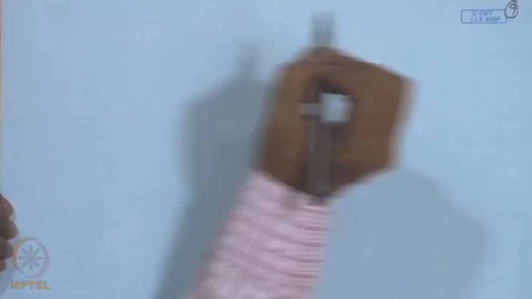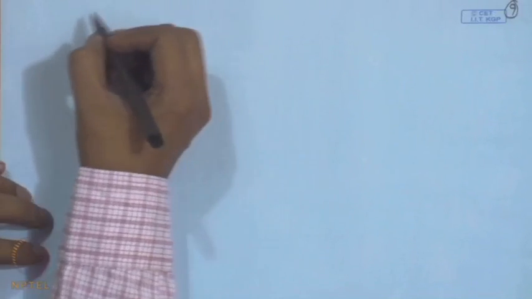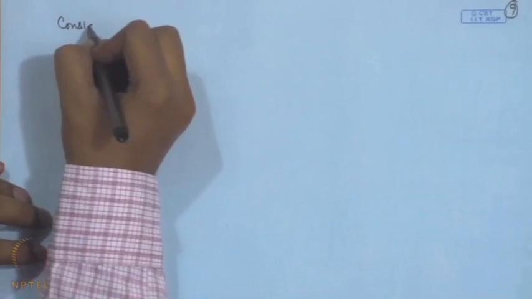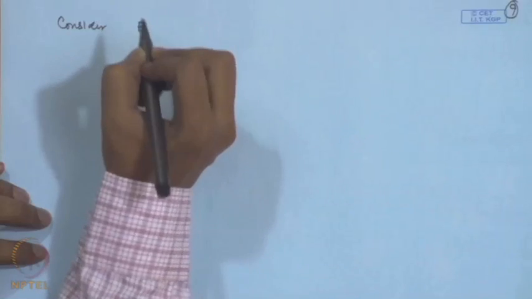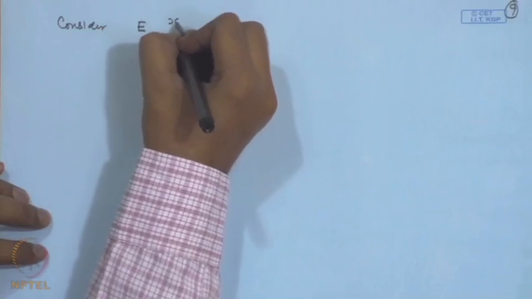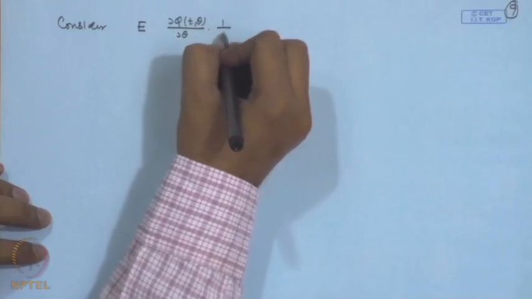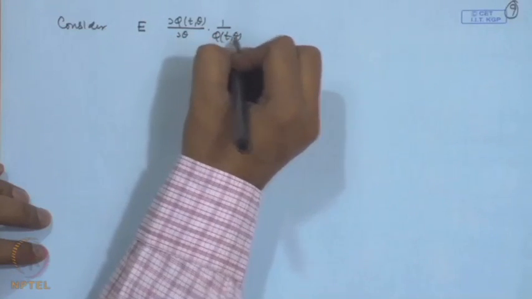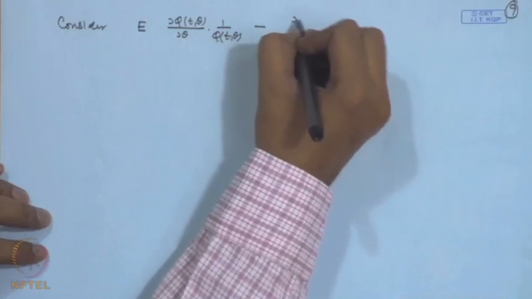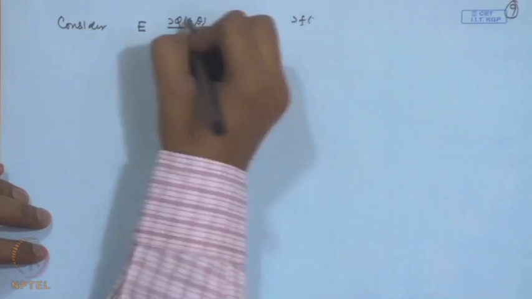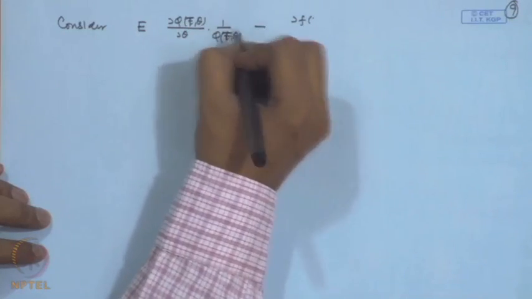Let us look at the proof of the second part. So, consider here expectation of (∂φ/∂θ · 1/φ(t, θ) minus ∂ log f(X, θ)/∂θ) squared. This should be capital X here because we are considering expectation.